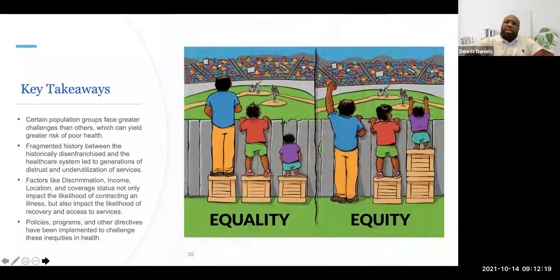So, some key takeaways before we end and conclude today. Certain population groups face greater challenges than others, and this can yield a greater risk of poor health.